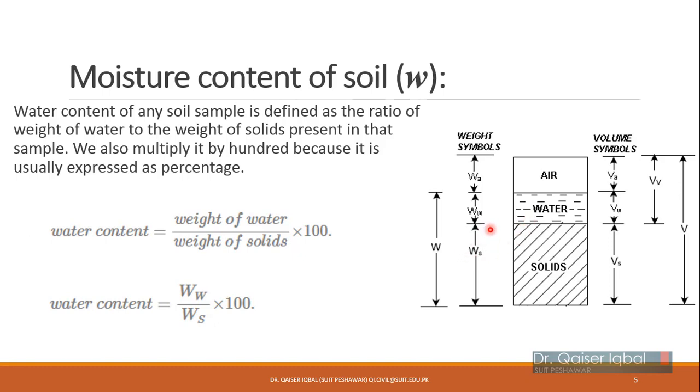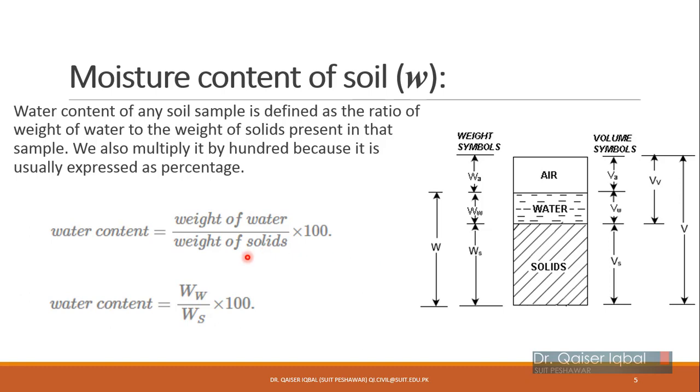So weight of wet soil minus weight of solids will give you weight of water. Weight of water divided by weight of solids multiplied by 100 will give you the moisture content or water content of that particular soil.